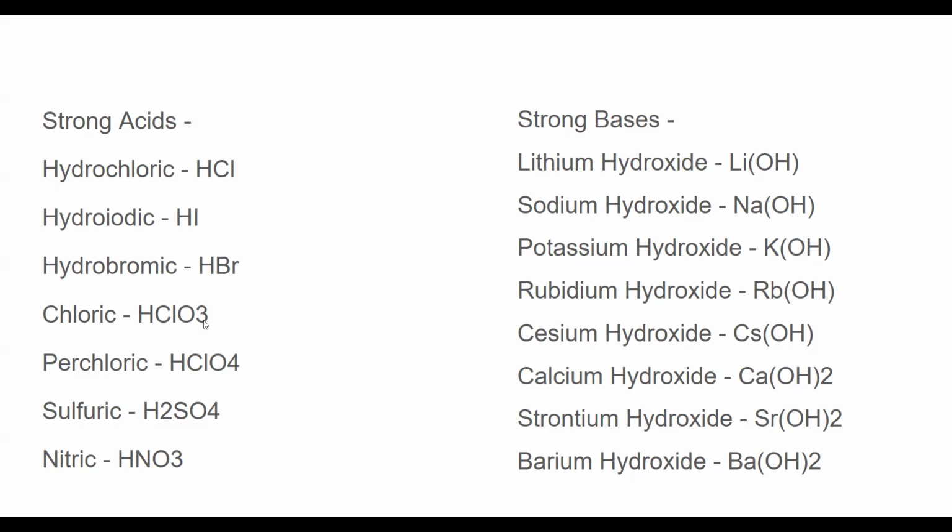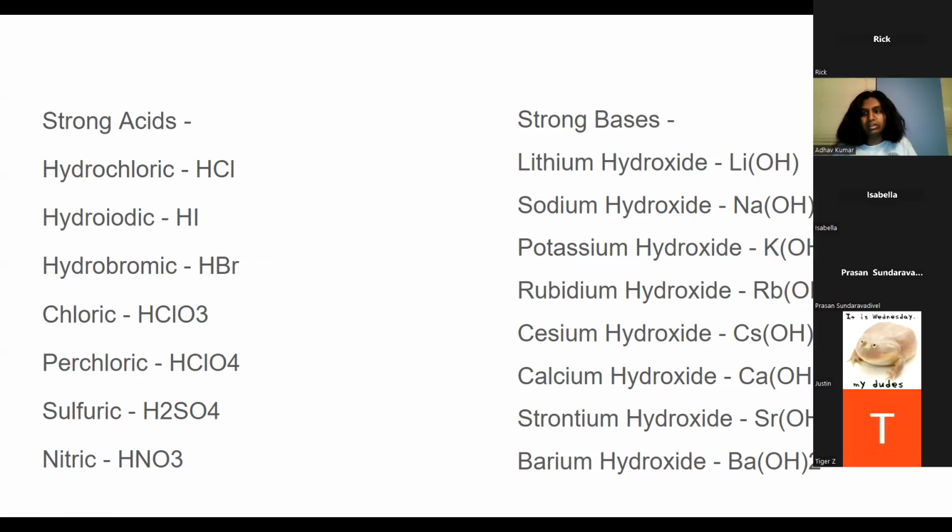Then you have ClO3. If you guys have been looking at your polyatomic ions, what is ClO3? Chlorate. Yeah, chlorate. And so here we have chloric acid.